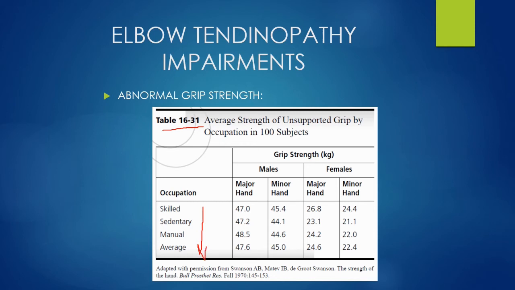Now, most of these examinees are going to be in the manual occupations because of the repetitive elbow and wrist movements involved in the manual occupations. So we have the major and minor average grip strength for males, the major and minor average grip strength for females, and then all we have to do is determine the strength loss index, and we can come up with a permanent impairment rating due to loss of grip strength.